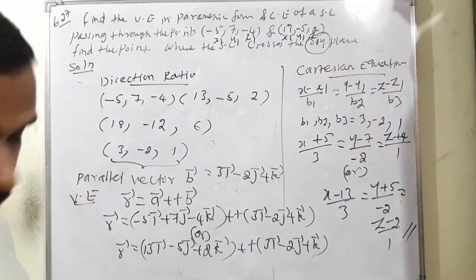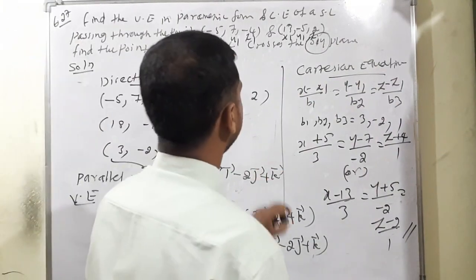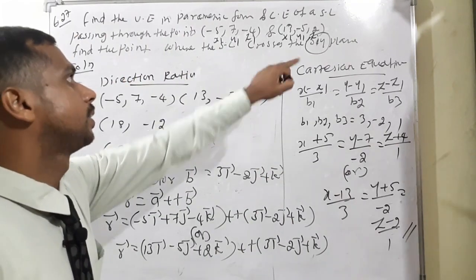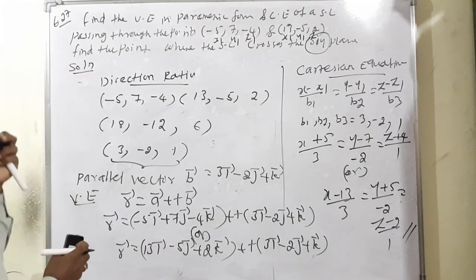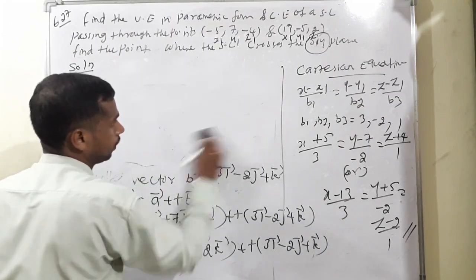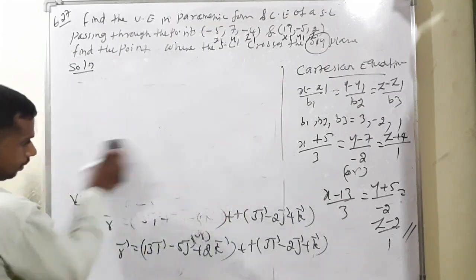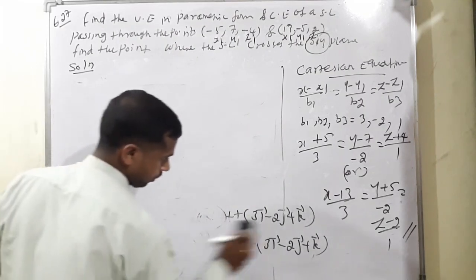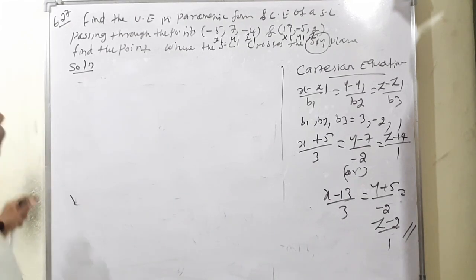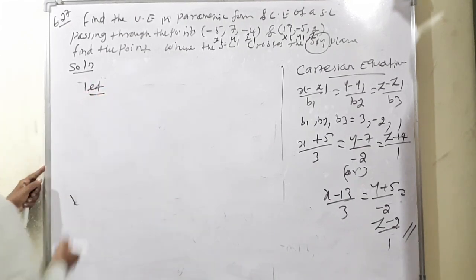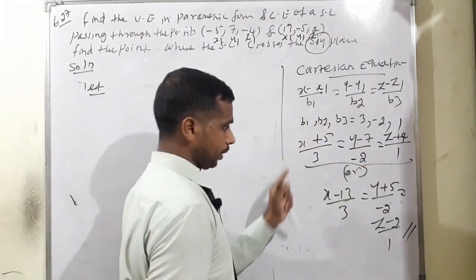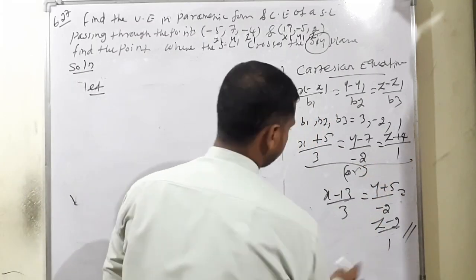Then suppose, after getting the vector and Cartesian equation, another important task is to find the point where the straight line crosses the xy plane. So let the first term be equal to t, and the second term be equal to s.